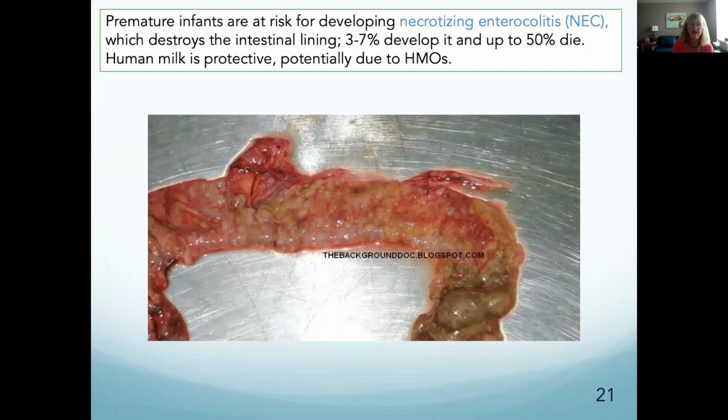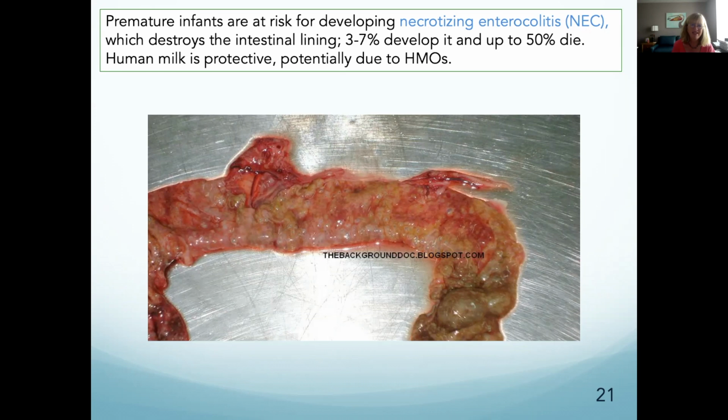Okay, now this is not a pleasant slide. I mentioned a couple slides ago that HMOs may be protective against a condition called necrotizing enterocolitis, or NEC. This happens to premature infants, unfortunately, too often. Up to 3 to 7% of premature infants develop this condition.